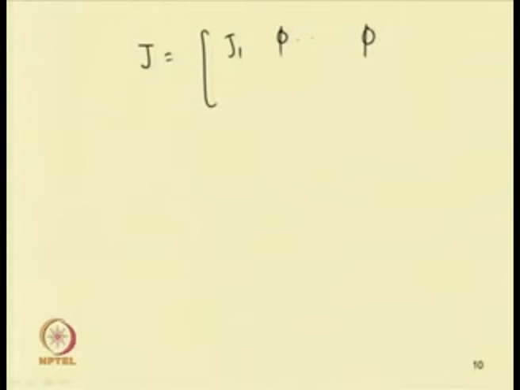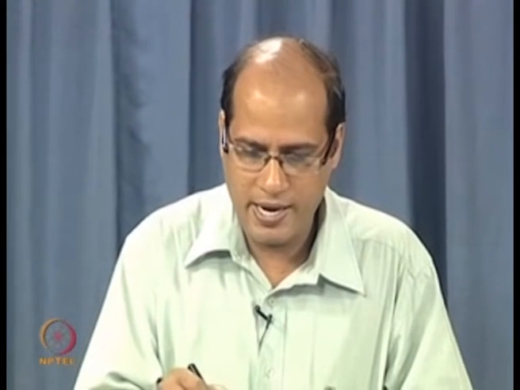Let us assume there are k distinct eigenvalues, so J is made up of blocks J1 up to Jk.